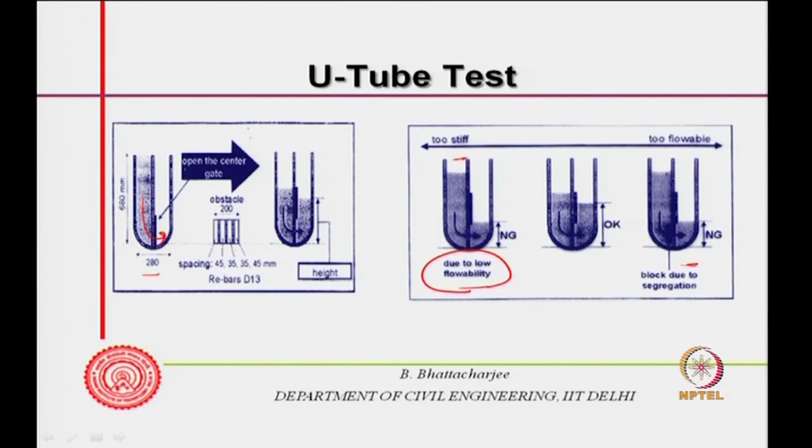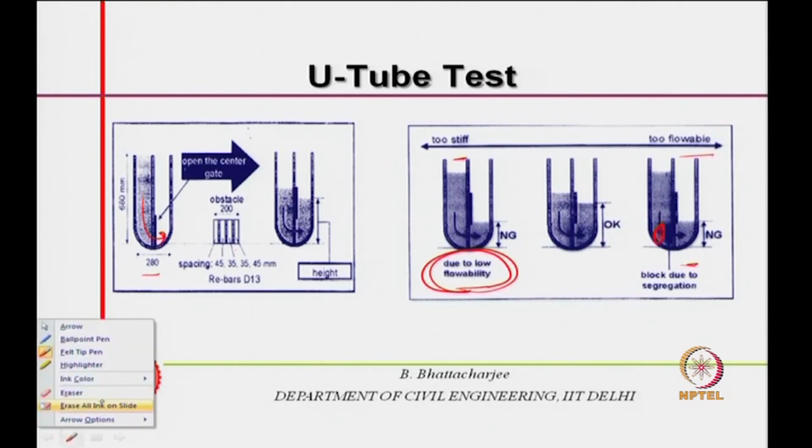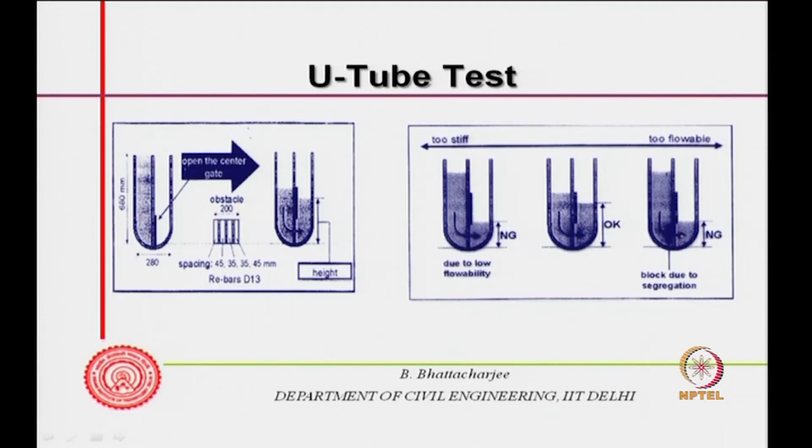This is a too stiff mix, it does not move at all, or only a little bit, due to low flowability, so it is not self compacting. Or it might be too flowable, which might cause segregation: water might have moved, but the solids might have got stuck here, resulting in higher densities of solid at this place and only water flowing down there.